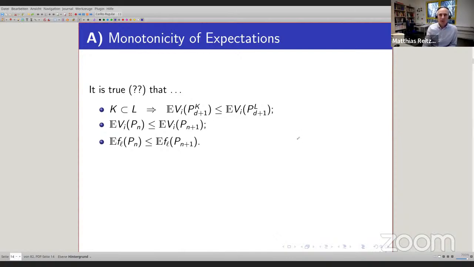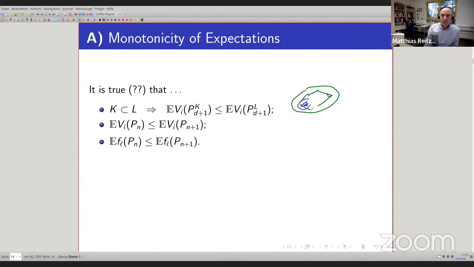I have a small body K, and I choose a random polytope inside. And then I have a larger body L, which contains K. And then compute a random polytope inside K. So this is something like here. And then I have a random polytope inside L. It should be green. Something like this.